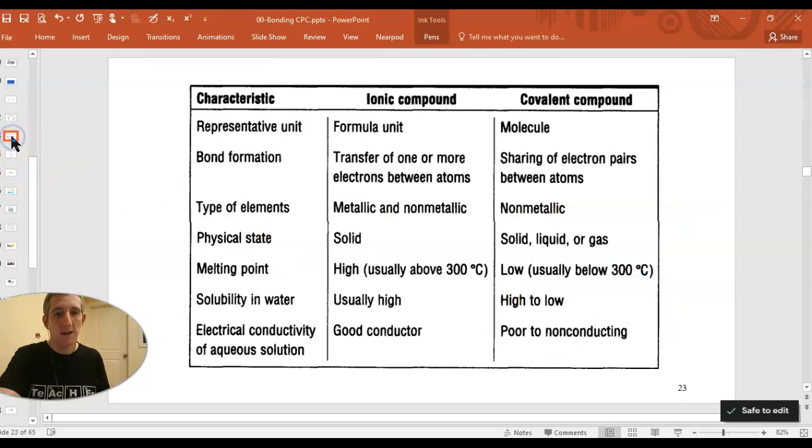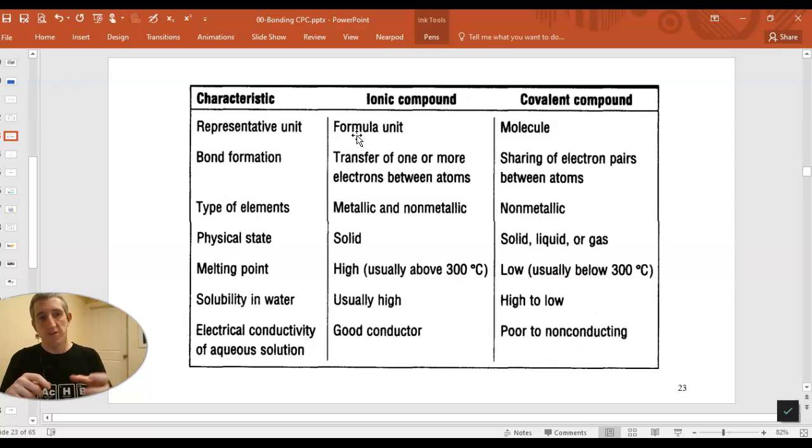Second slide here. Here are many of the differences between ionic and covalent compounds. First, the individual unit for an ionic compound we call a formula unit. All those positive cations and anions aren't just a discrete one-on-one sodium and chloride.